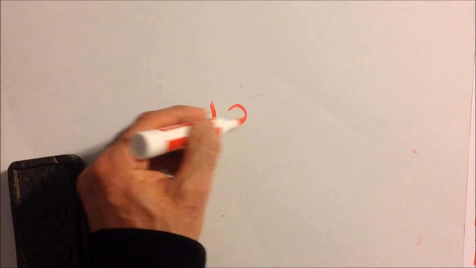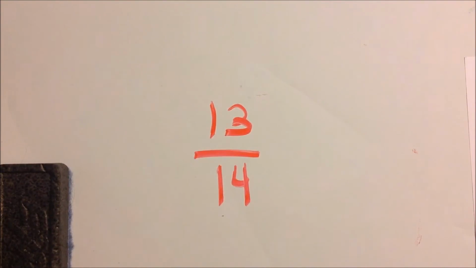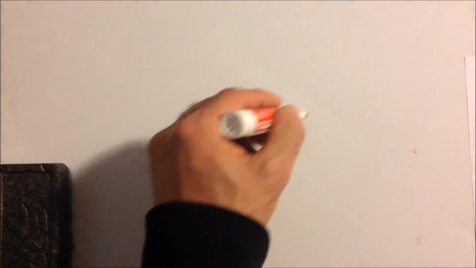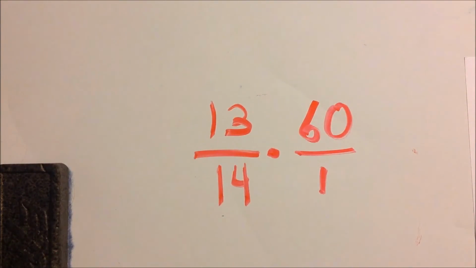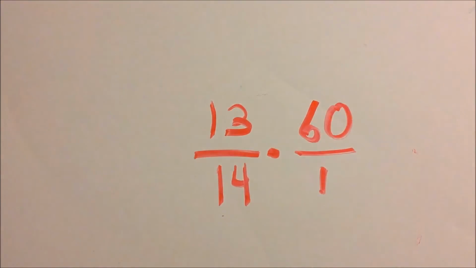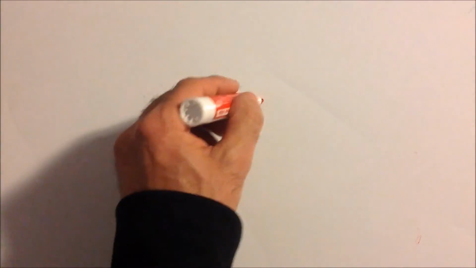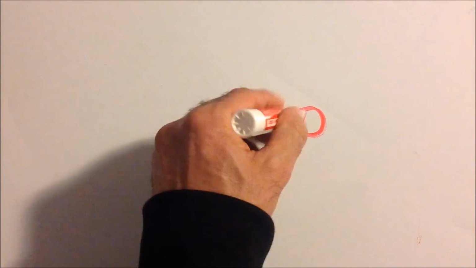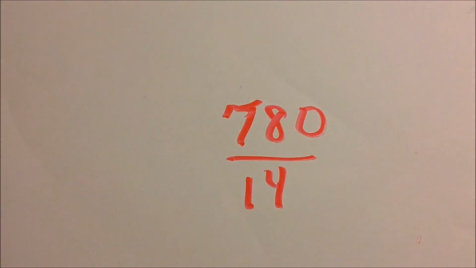So we have 13 over 14 is the unit rate, and we want to find out what that rate is in an hour. So that's why we're multiplying it by 60. And we're just doing simple multiplication here. 13 times 60 is 780. So we'll get 780 over 14, which gives us the same answer as when we did the proportion, 55.7.